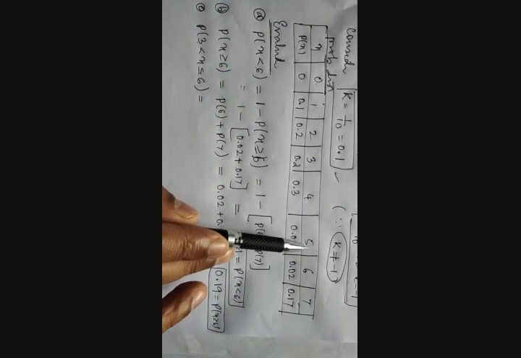So 4, 5, 6. That is probability of 4 plus probability of 5 plus probability of 6. So probability of 4 is 0.3, probability of 5 is 0.01, plus probability of 6 is 0.02, which is equal to 0.33. So this is the value.